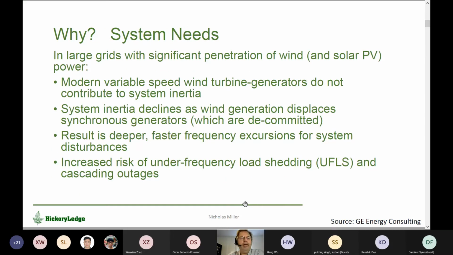So a few high-level issues here that I believe will not be news to anybody that's studying renewable integration, but it sets the stage. The fundamental reality of wind turbines is that they interface with the grid through power electronics that isolate the inertia of the actual drivetrain from the grid.